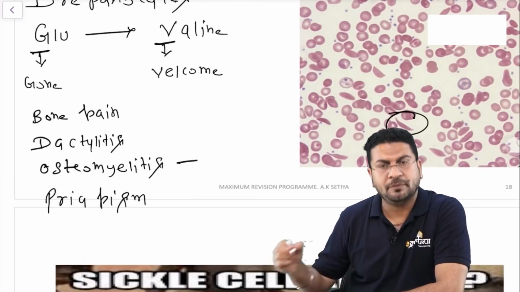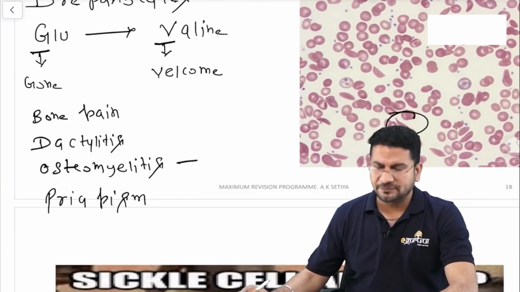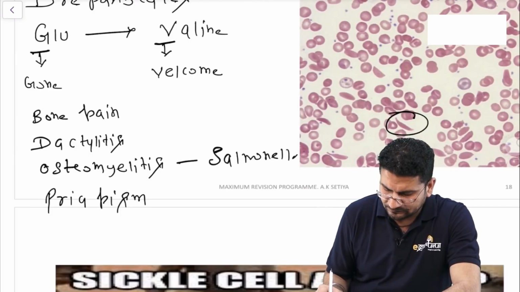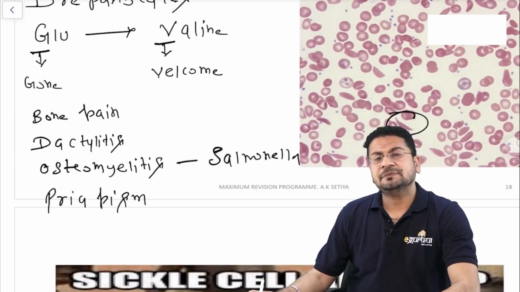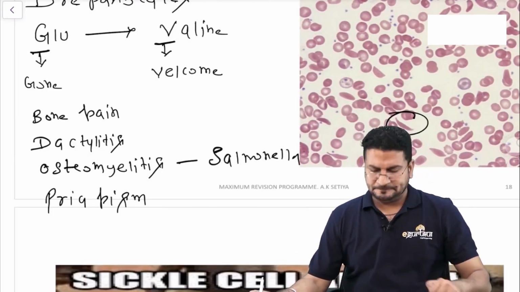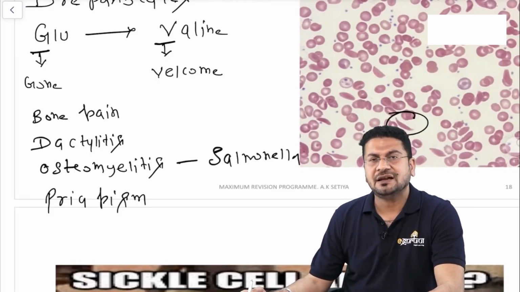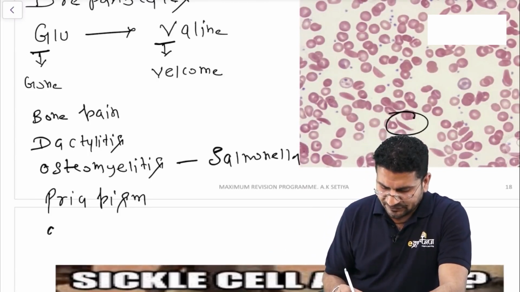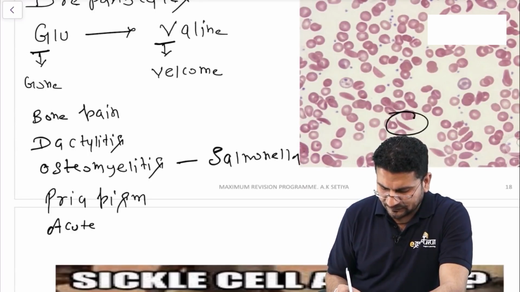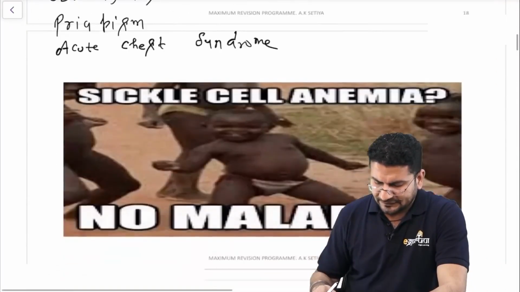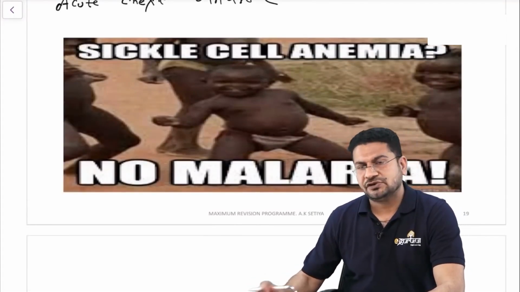Generally the most common cause of osteomyelitis is Staph aureus, but here osteomyelitis is due to Salmonella. Priapism means sudden painful erection of the penis. This can be seen in leukemias and sickle cell anemia. The patient can have sudden onset chest pain, we call this acute chest syndrome. Sickle cell trait provides protection against malaria.